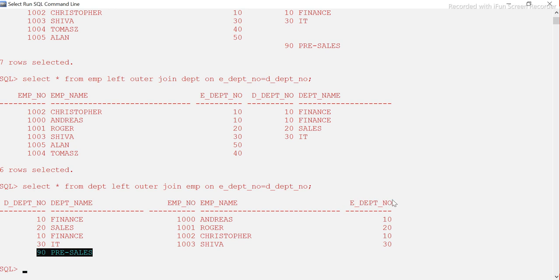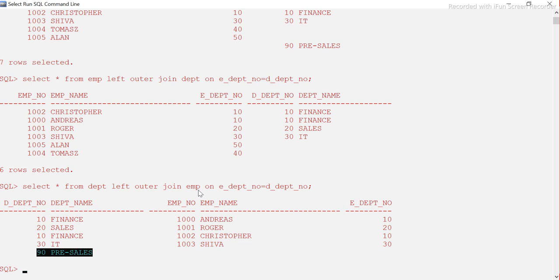The employee table's columns were displayed first before, and here since we are taking it as the left table, the left table's columns are displayed first. So you can just change the sequence of the tables, then it will be the other way around. Left will be right and right will be left join, right? So this is very simple.